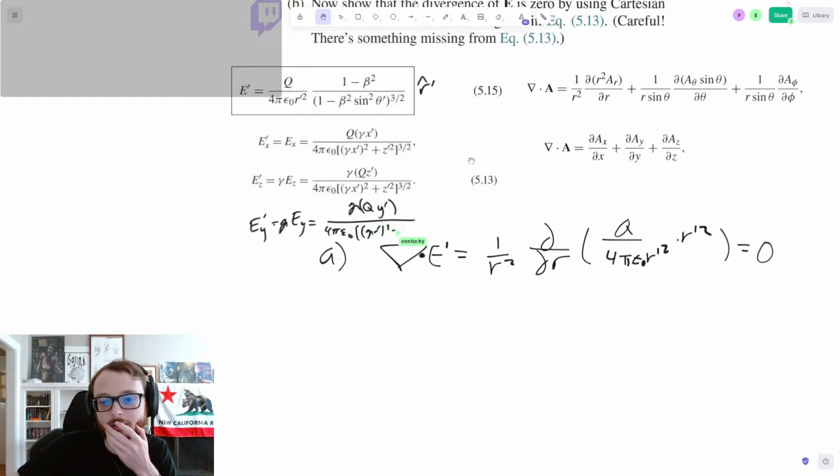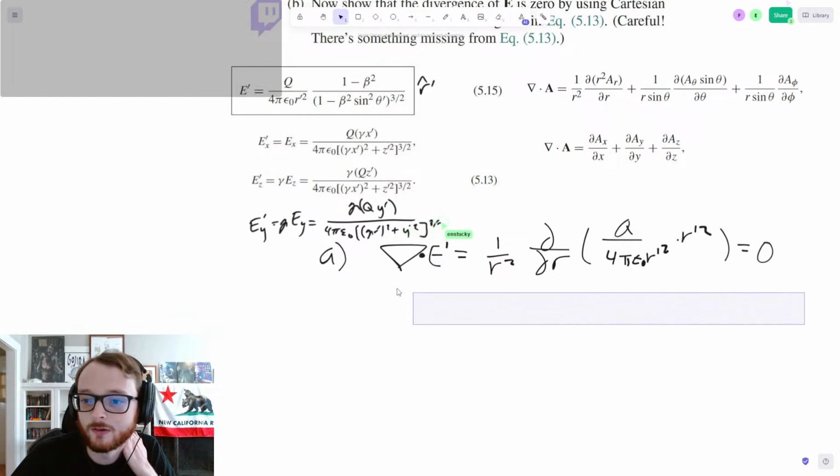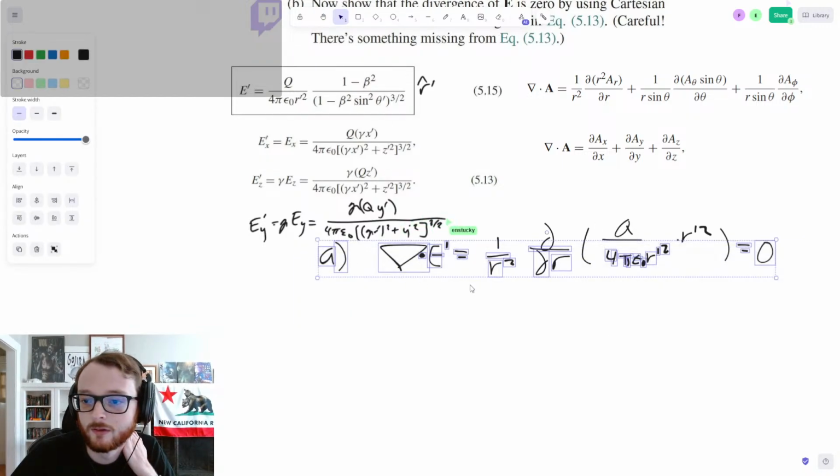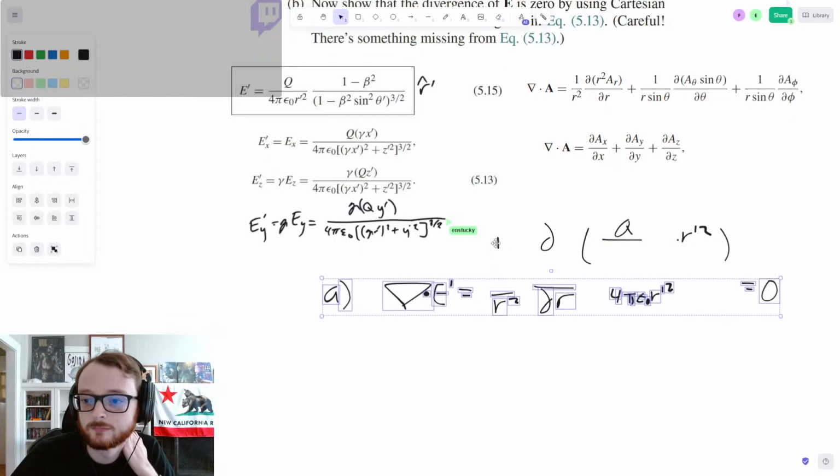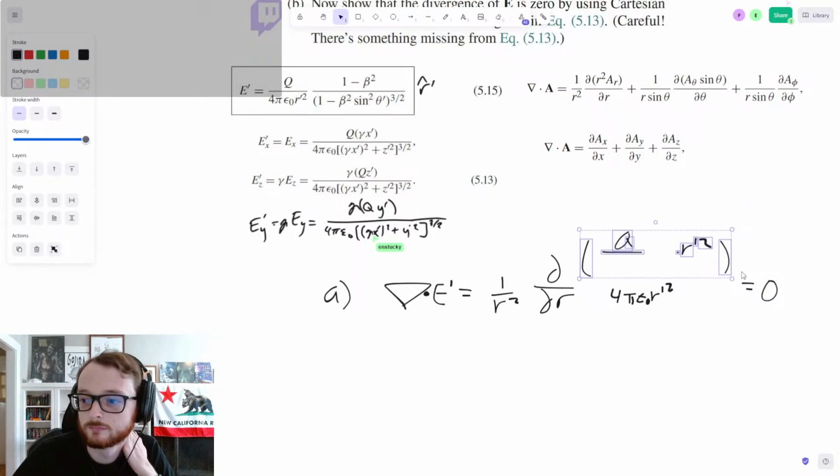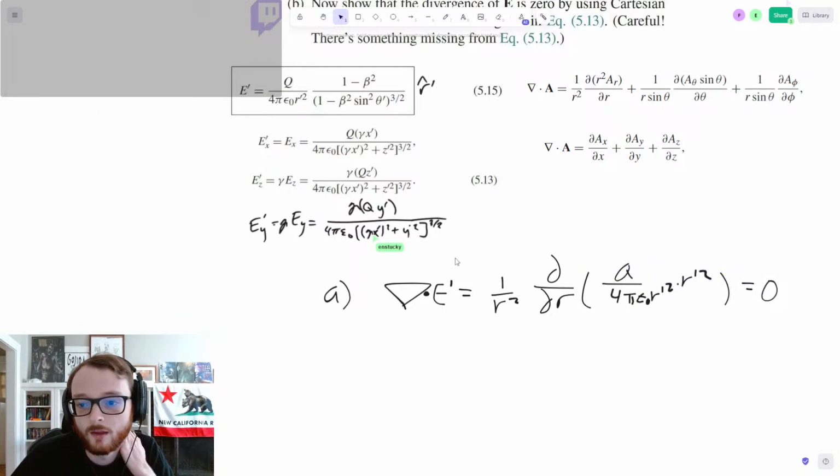And then I like this, Suki's writing. Ooh, I think all the denominators should have an x, y, and a z in all three equations. Other than that, I think I agree with this.